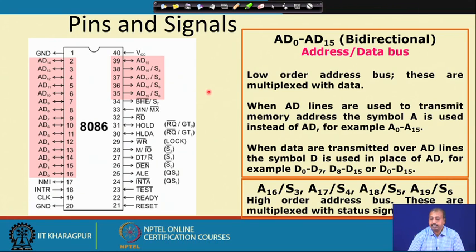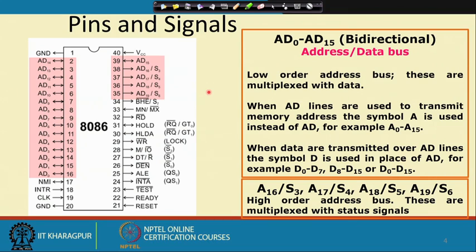When the AD lines are used to transmit a memory address, the symbol A is used instead of AD. So, we call it A0 to A15, and when they are used for transmitting data, we use the lines D0 to D7, D8 to D15 or D0 to D15. For an IO device, the data bus lines D0 to D15 will be there with a separate address line A0 to A15, and for memory access we have a 20-bit address.